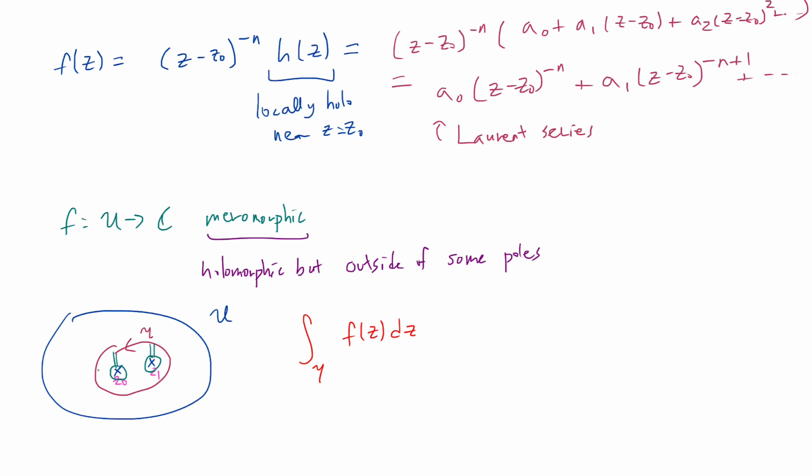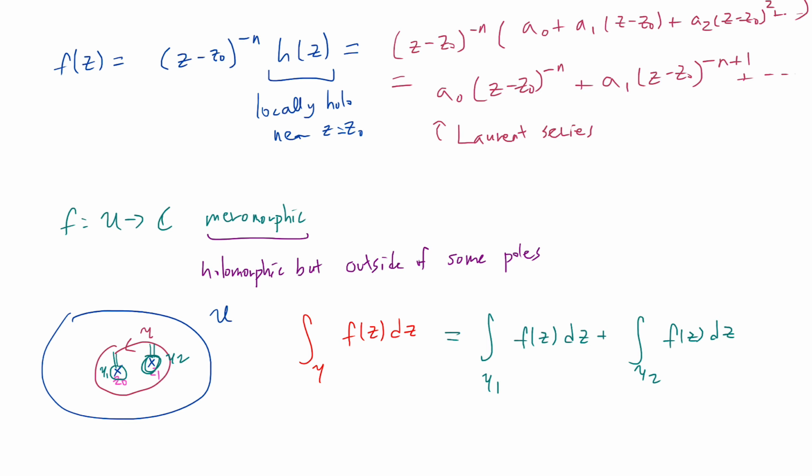So let's call the smaller circle here gamma 1 and this smaller circle gamma 2. You can show that this is really the integral on gamma 1 of f of z dz plus the integral on gamma 2 of f of z dz. So using this trick, you can essentially divide up this integral into two local integrals where I'm just circling around each of the poles separately.